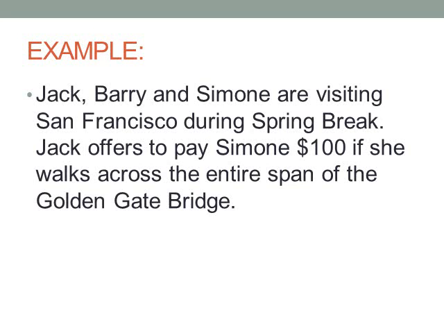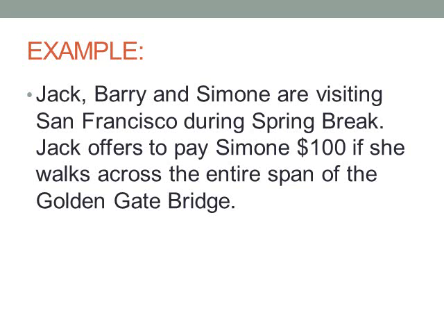Jack, Barry, and Simone are visiting San Francisco during spring break. Jack offers to pay Simone $100 if she walks across the entire span of the Golden Gate Bridge. So consider this. If Simone says nothing but simply walks across the bridge, do she and Jack have a contract?